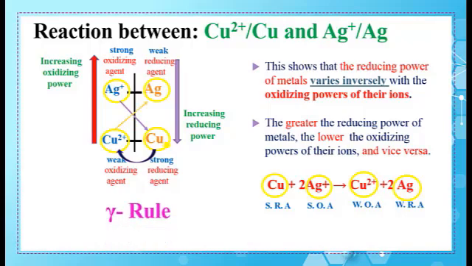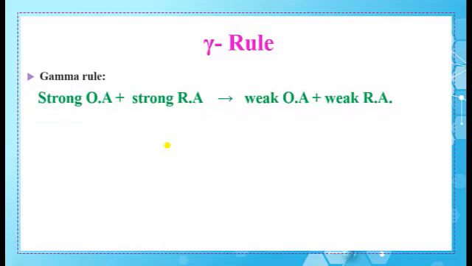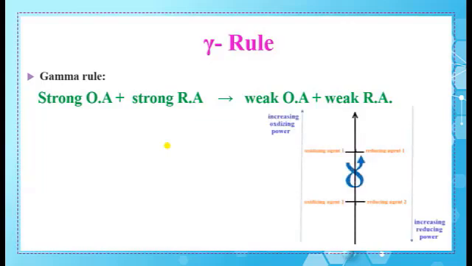This is what we call the gamma rule. What does the gamma rule state? The gamma rule states that the reaction takes place between the strongest oxidizing agent and the strongest reducing agent to give a weak oxidizing agent and a weak reducing agent.